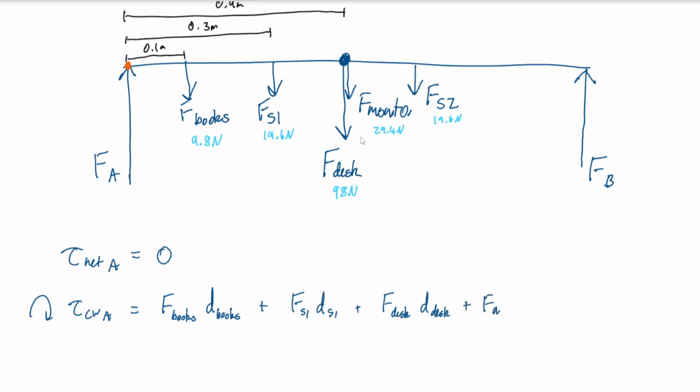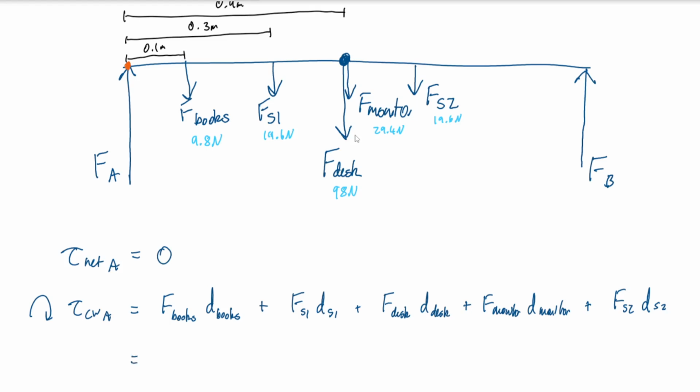Then we have the monitor weight times the distance of the monitor from the pivot point, and finally F speaker 2 plus the distance of that speaker from point A. So I've very clearly shown using symbols, which is why we were careful with our naming, the clockwise torque about point A.